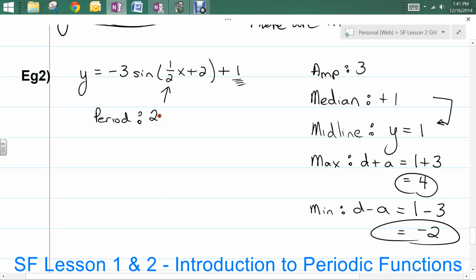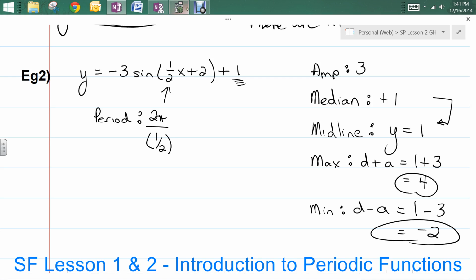Because the period is 2 pi divided by b. b is 1/2. If it's a fraction, you have to put it in that way. You have to put the brackets around it. It's 2 pi divided by 1/2. You could say 2 pi divided by 0.5 if you wanted to.